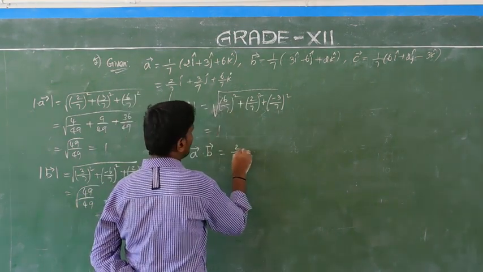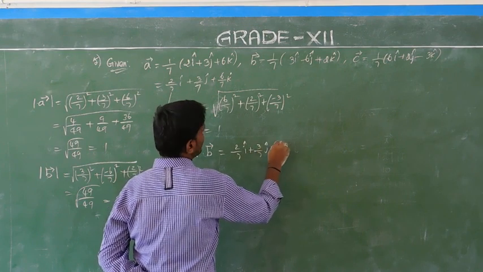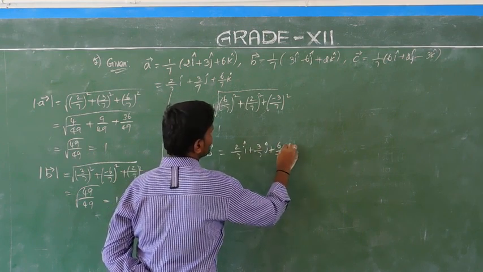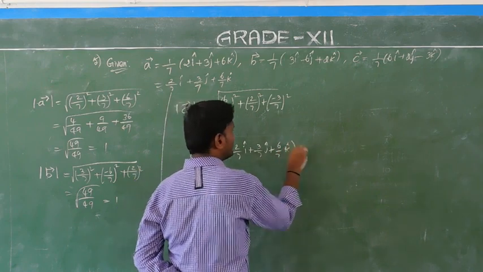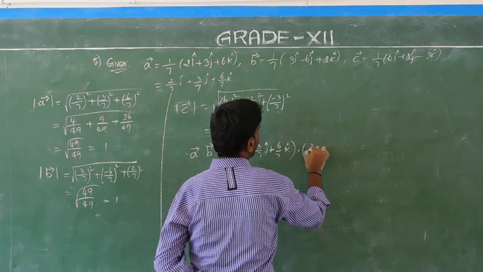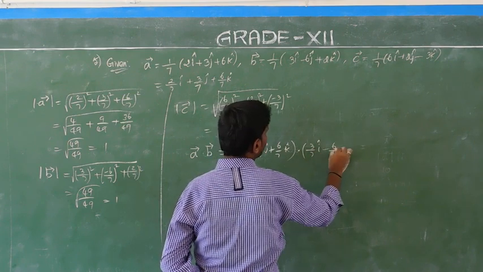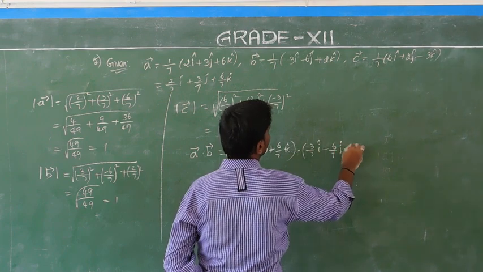Now write it. 2 by 7 i vector plus 3 by 7 j vector plus 6 by 7 k vector, taking a dot product with B vector.